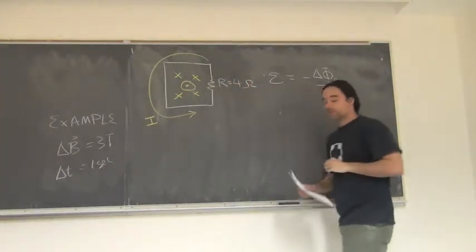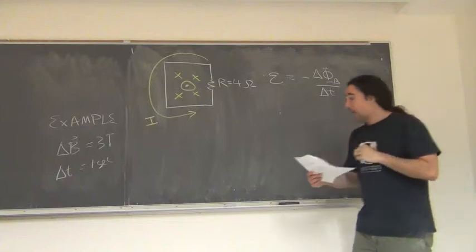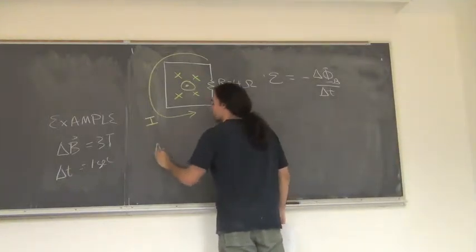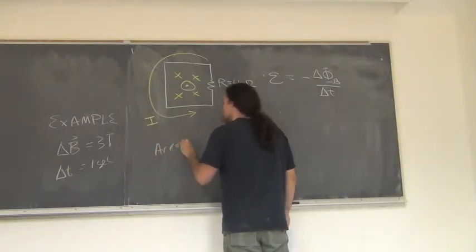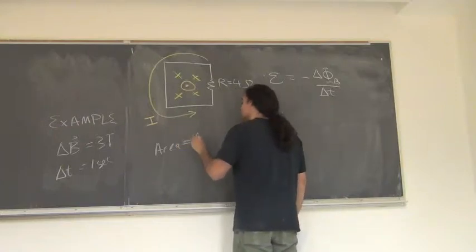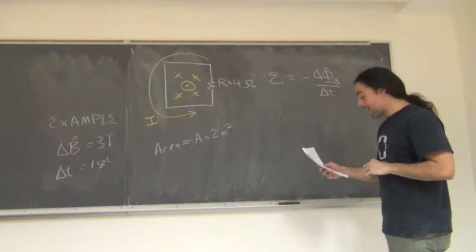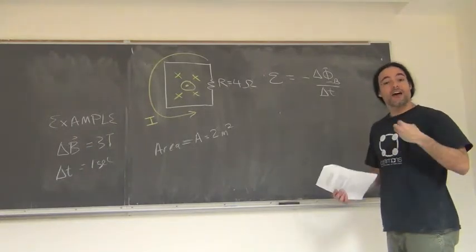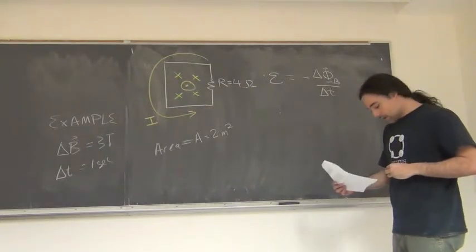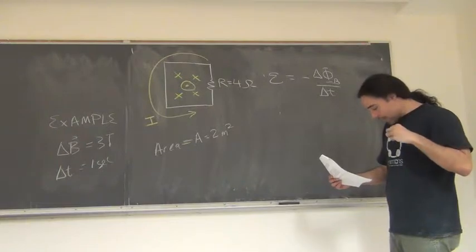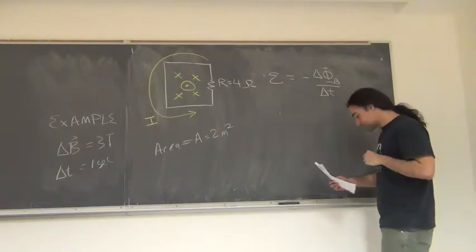Suppose our resistance is 4 ohms, and suppose the area of the loop is 2 meters squared. And suppose that the magnetic field is passing straight through the loop. So that's going to be an angle of 0 degrees.